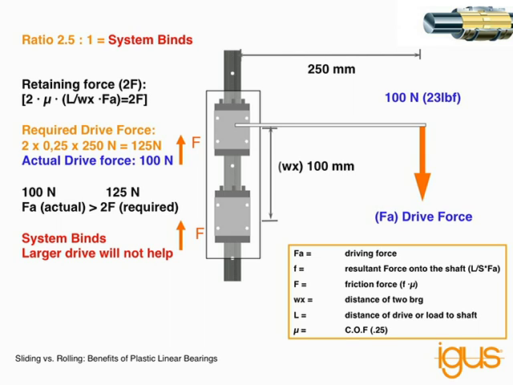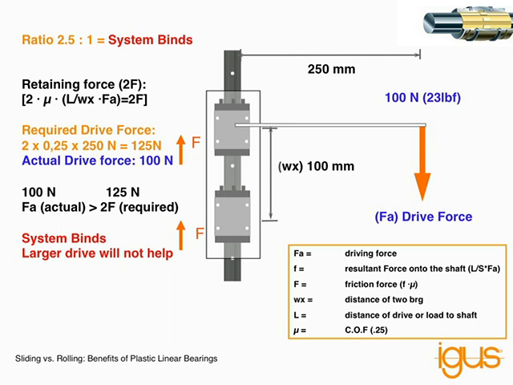That means the system will bind. No matter what you try to do, even if you try to increase drive force, you will not overcome the friction force that's causing an axial load of 125 newtons, because the required drive force is higher than the actual drive force. So in this type of system, the application will not work.